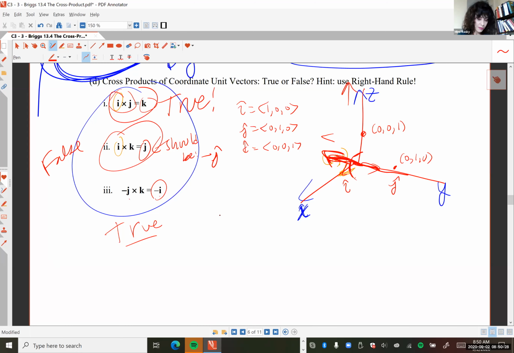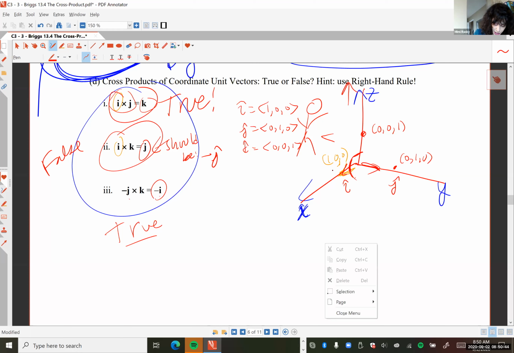Okay, questions? Number 2, how would you have positioned your right hand? Like, say you're starting from i. You're going to have to crank your fingers.